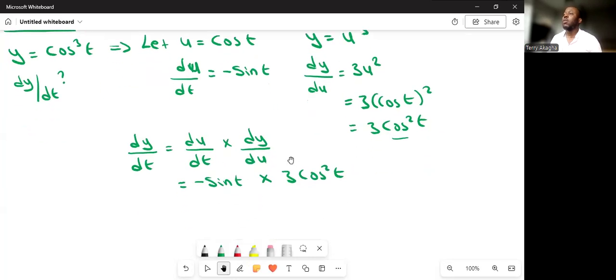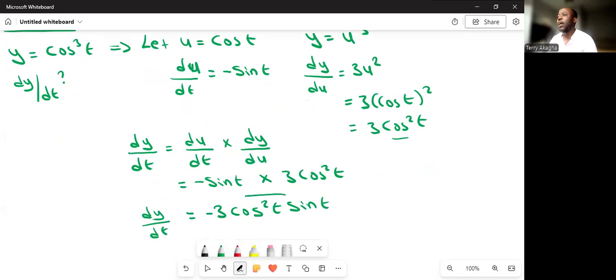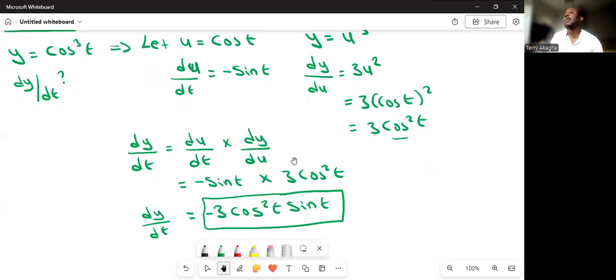Then when you press your calculator for this, it's going to give you minus 3 cos squared t sine t. So that will be the answer for dy over dt for this.